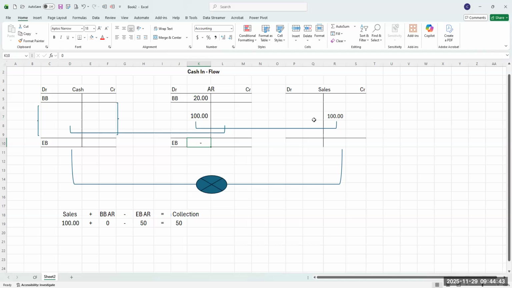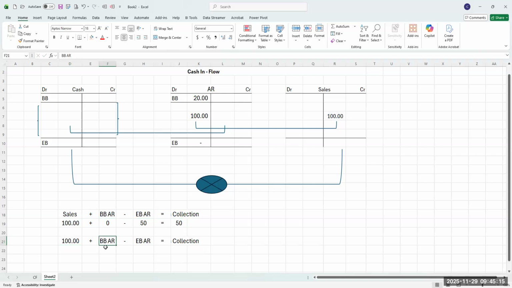If my balance is 0, that means I definitely collected the sales. Did I collect more than my sales? Yes. What did I also collect? I collected my sales plus the $20 that the clients owed me from the previous period. Make sense? Yes, Prof. So let's put this formula in and plug in the numbers. Sales are 100.